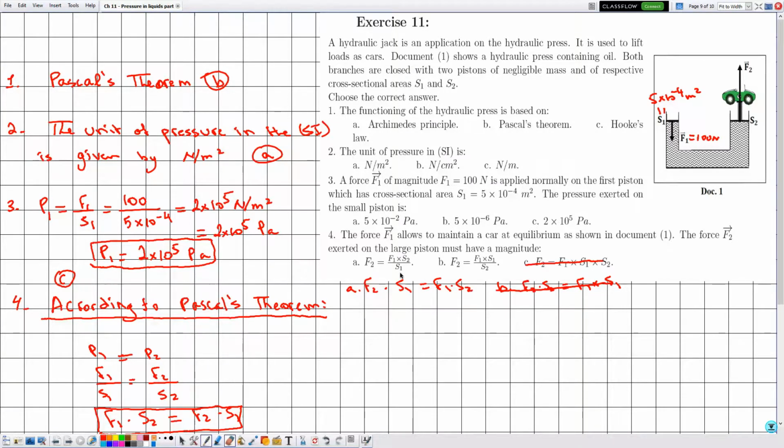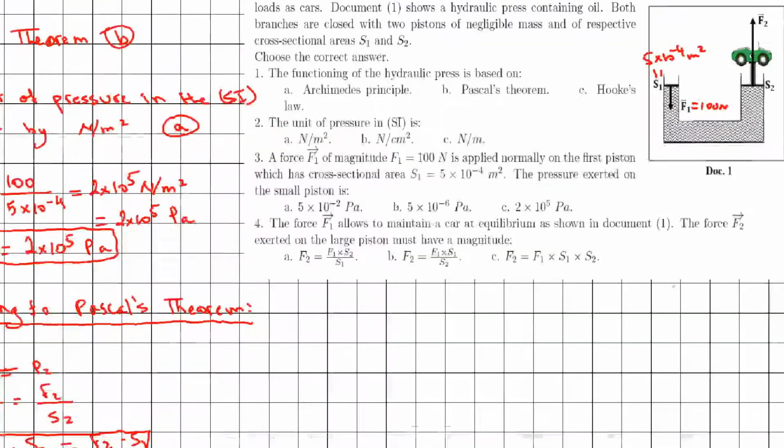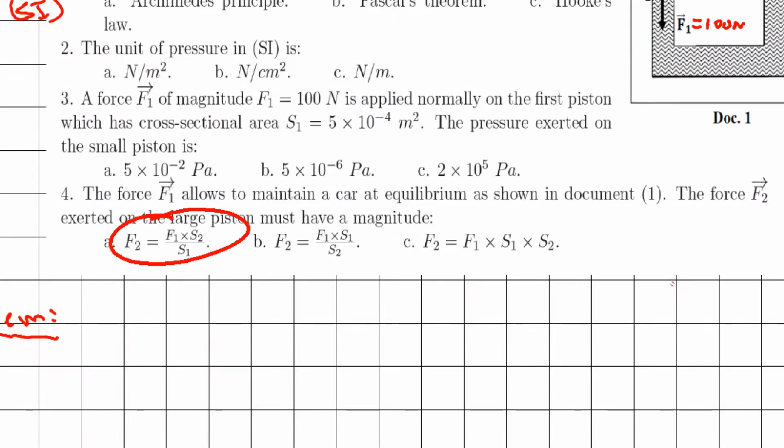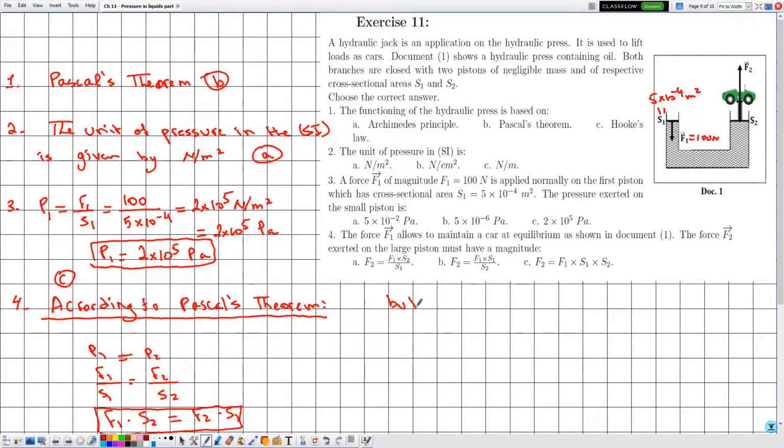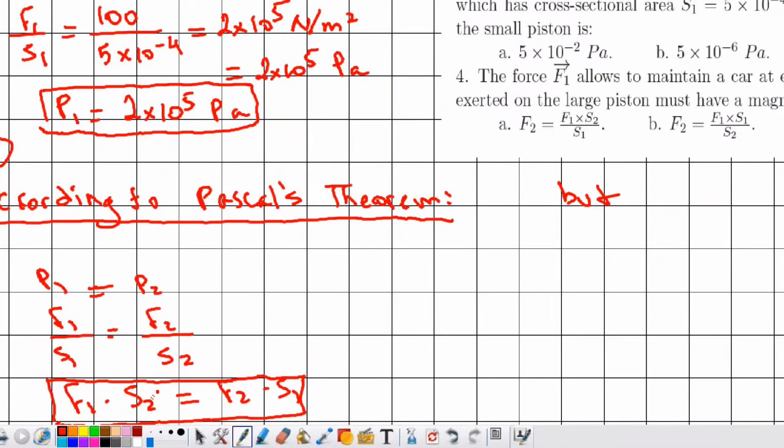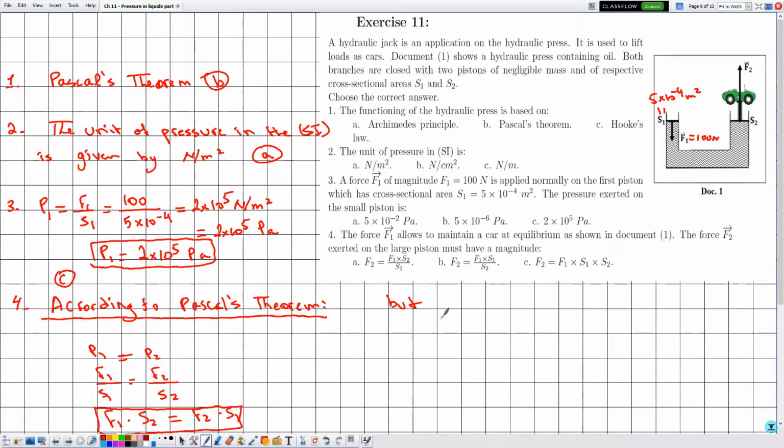So let's erase these and write here. Now we know that this is the correct answer, but on the other side, this is our calculation. Let's say F2 is equal to F1 multiplied by S2 divided by S1, and here it's divided by 1.